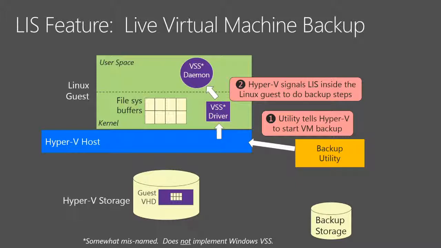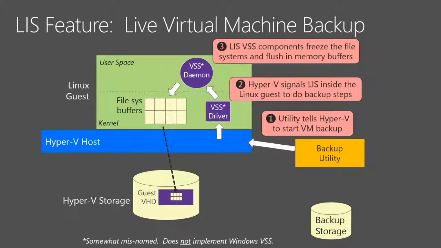Hyper-V then, through the driver that's part of the Linux integration services, signals up to this VSS daemon process, and the daemon process starts these backup steps. And the daemon tells the kernel to flush the buffers, so the buffers get pushed back down to the VHD or VHDX that's in the Hyper-V storage. The file system is frozen momentarily, and this typically happens in a second or two or less.